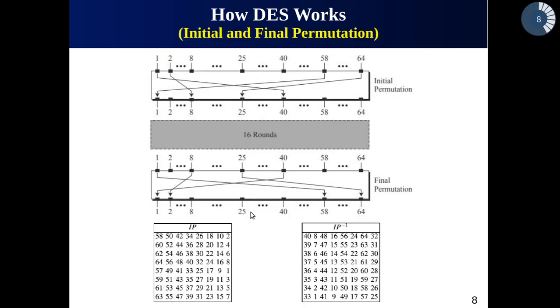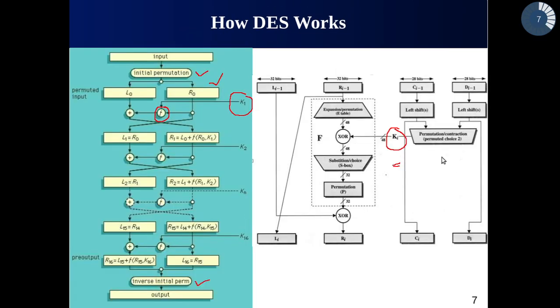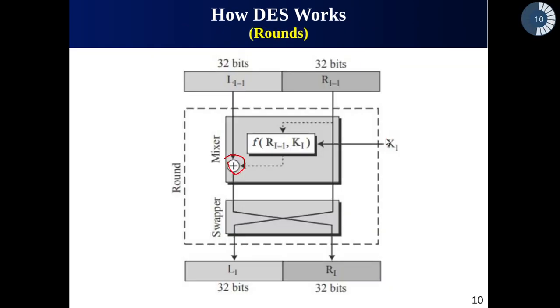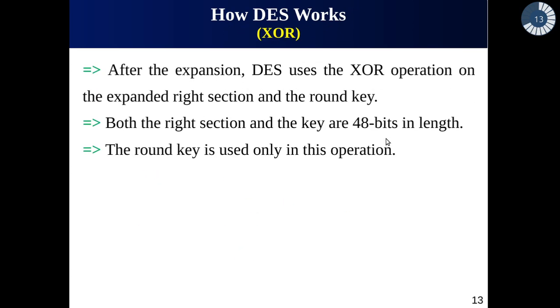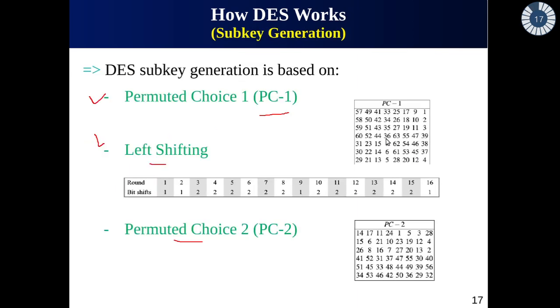PC1, PC2 and left shift are actually tables and operations that are performed in subkey generation.